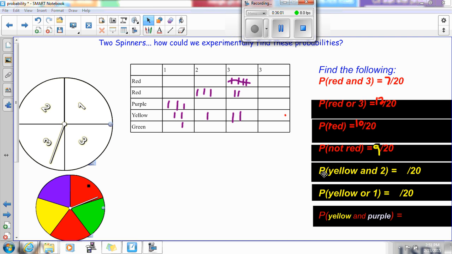Okay, now the probability yellow and 2. So again, it's got to be both. So we've got yellow and we've got 2.